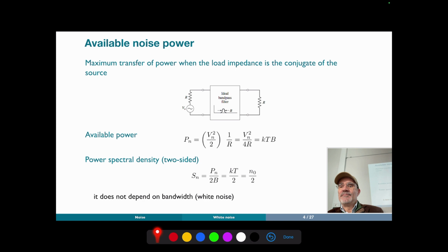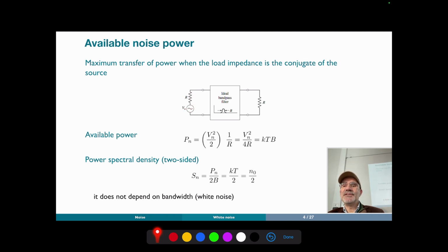One important parameter is the available noise power, which is the maximum transfer of power when the load impedance is the conjugate of the source. So we have already seen that the maximum power that you can extract from the source is using a matched load or a conjugate load of the source for maximum transfer of power in case the source has a complex impedance. So what we have here is a resistor with a certain noise.